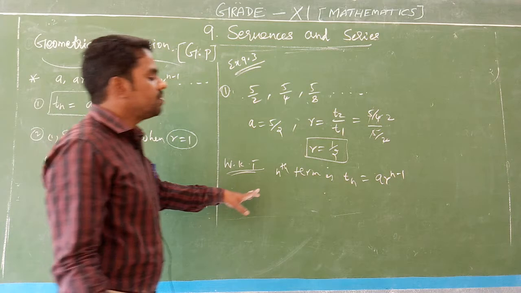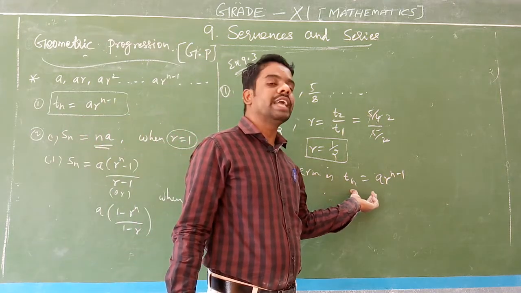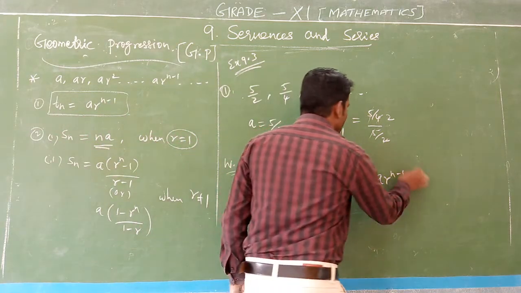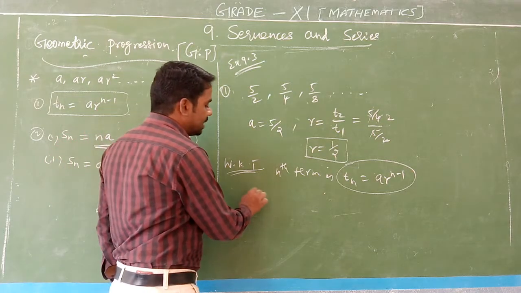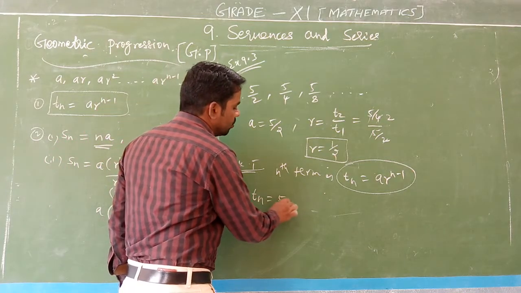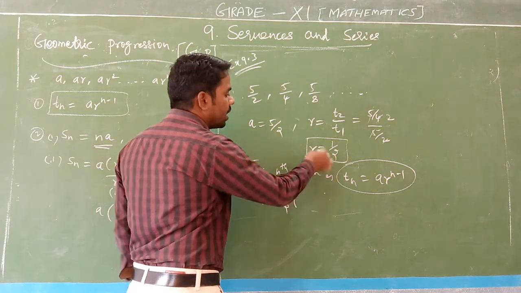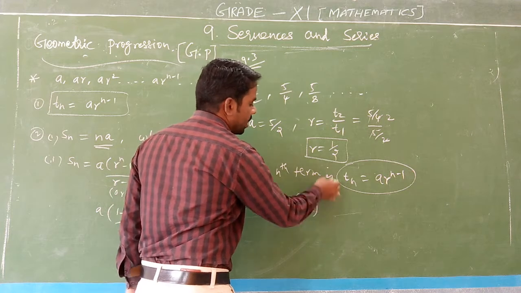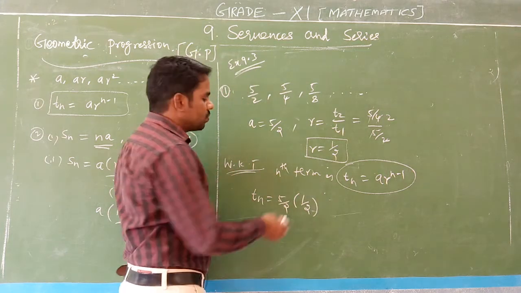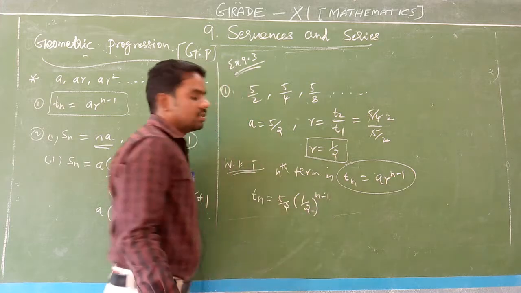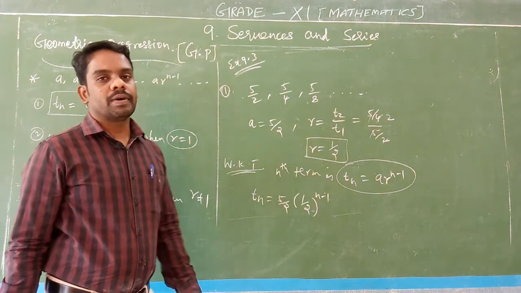So Tn is equal to a r power n minus 1, and a is equal to 5 by 2. So Tn is equal to 5 by 2 into r, which is 1 by 2, so 1 by 2 power n minus 1. Here n is unknown, so n minus 1.